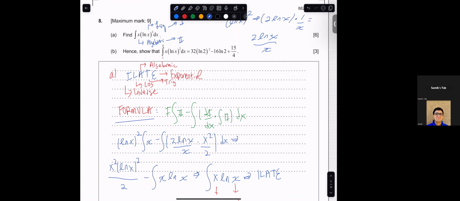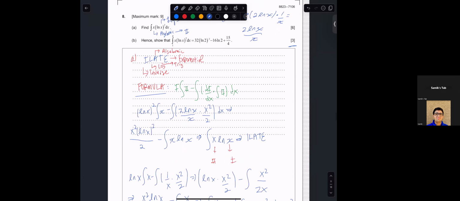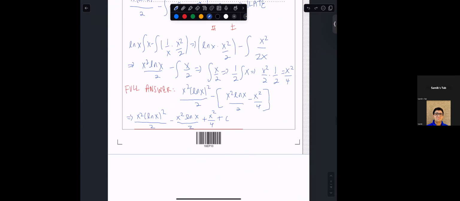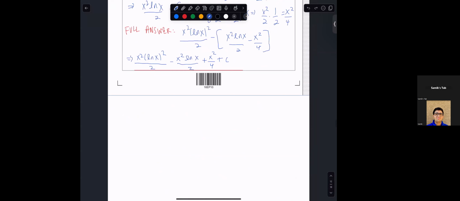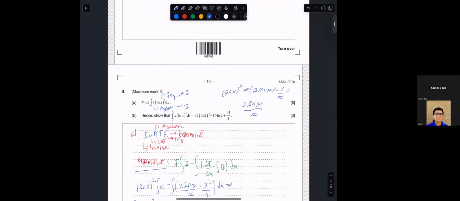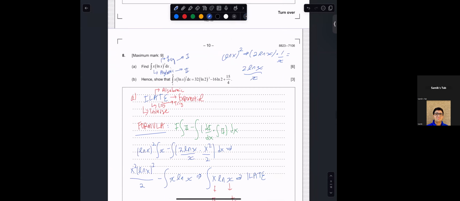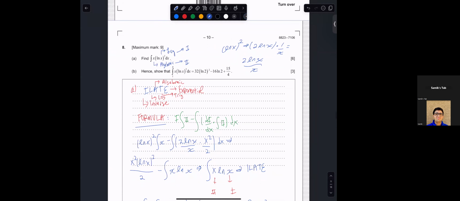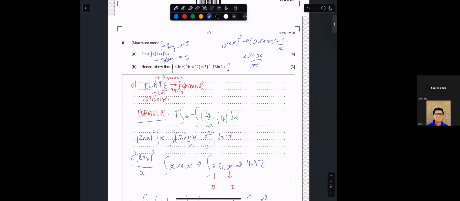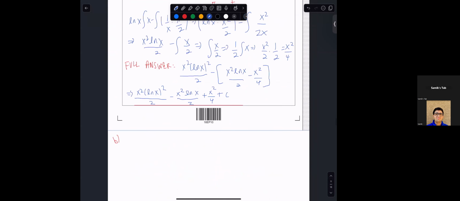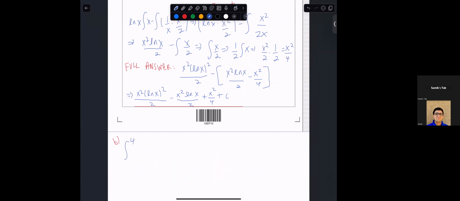Now, part B. This is the easy one. 3 marks. So it asks us, hence show that, oh, it's given us the same integral, just made it a definite integral now. Okay, a definite integral is just when you plug in these numbers.